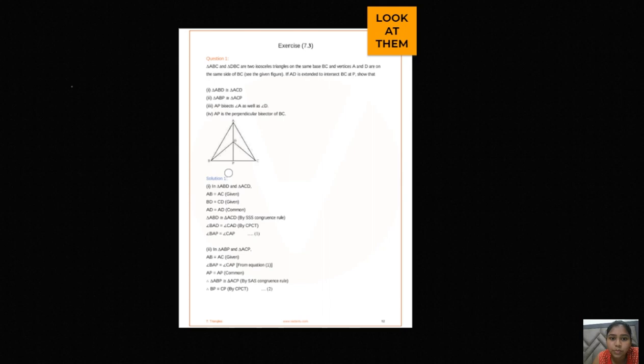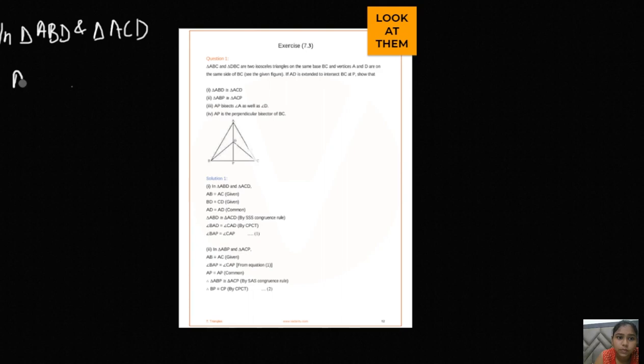Let's have a look. In triangles ABD and ACD, this is ABD and this is ACD, right? What we have seen in these triangles is that this and this are equal, and this and this are equal, that is already given. AD is common, right?